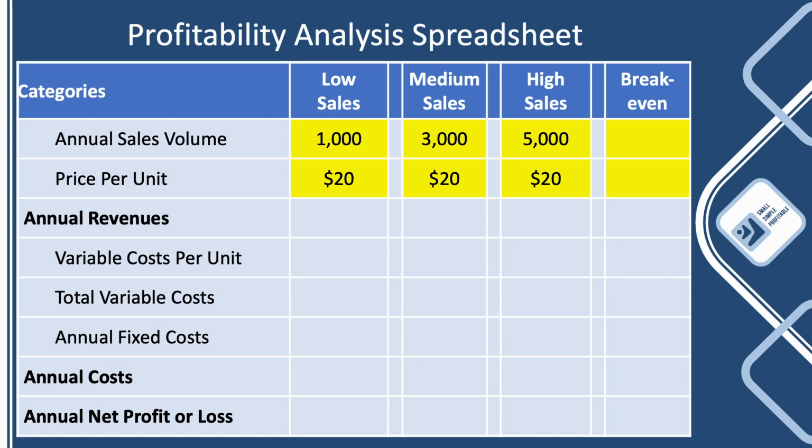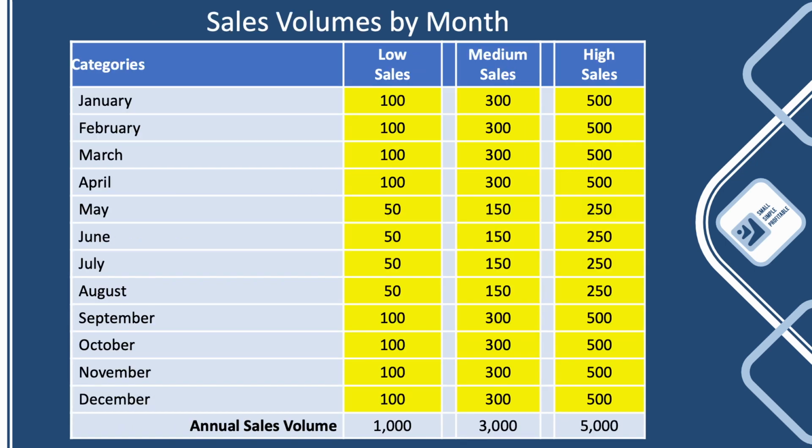There is a supplemental section of this spreadsheet tool which will allow you to estimate your sales volumes by month instead of by year. To get there in the tool, scroll down below this part of the spreadsheet into the rows below. In this supplemental section below the main spreadsheet, you can enter your low, medium, and high sales estimates by month of the year and total it for the year.